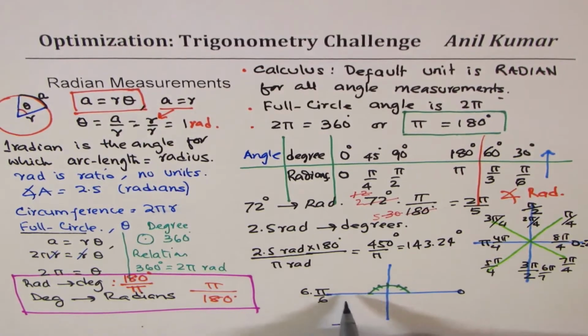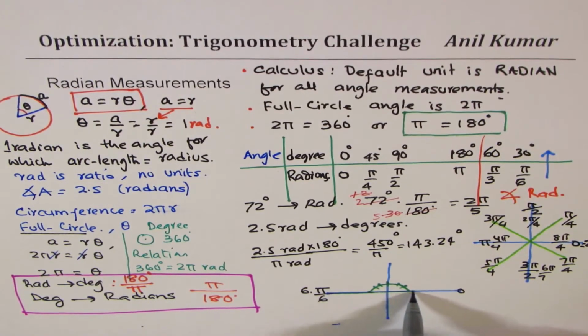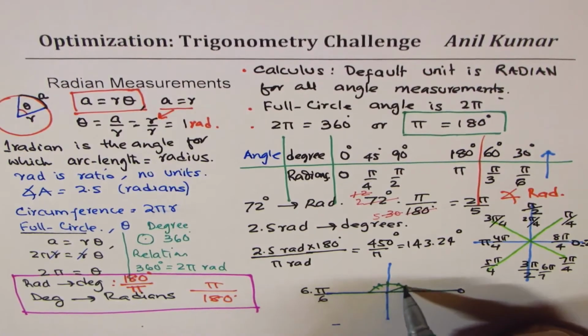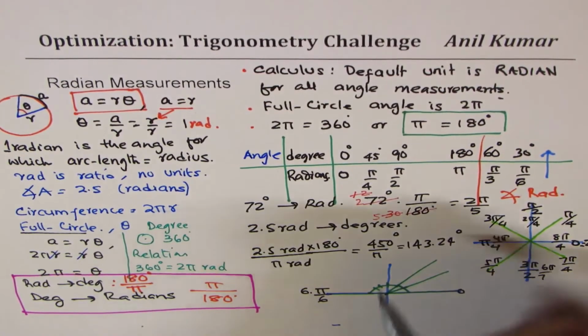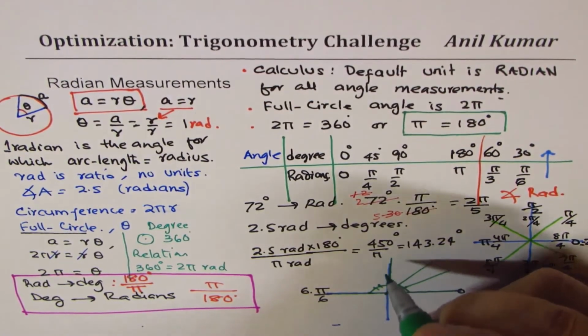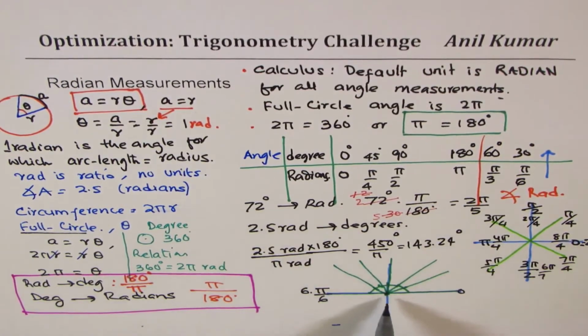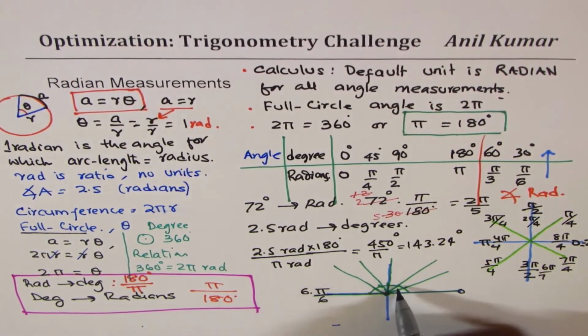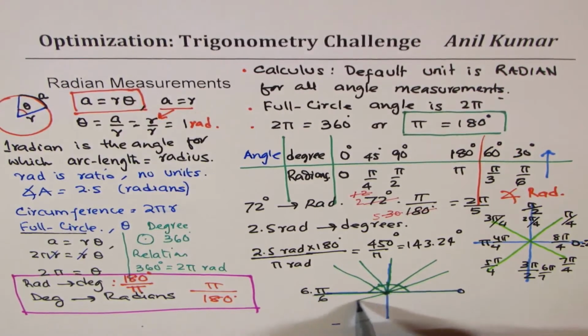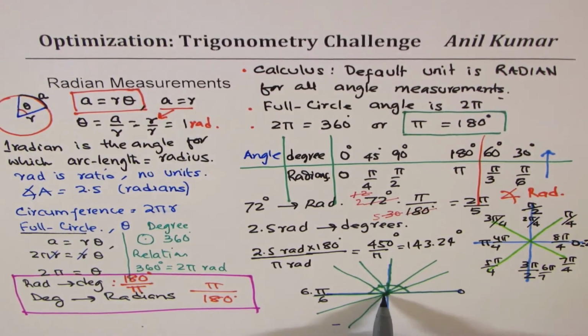So if I draw these lines, one of them is definitely this line, and then 1, 2, 3, 4, 5, 6. And I can extend them, right? So I could have this, this, this, and this. Is it okay? So each is pi by 6.